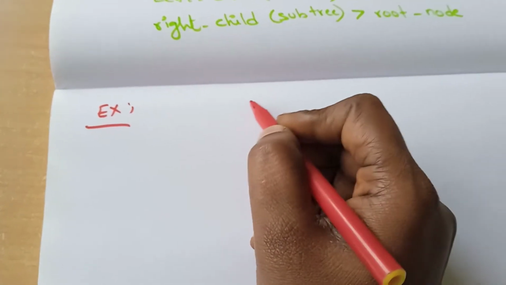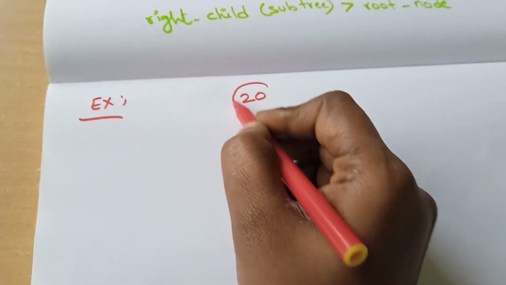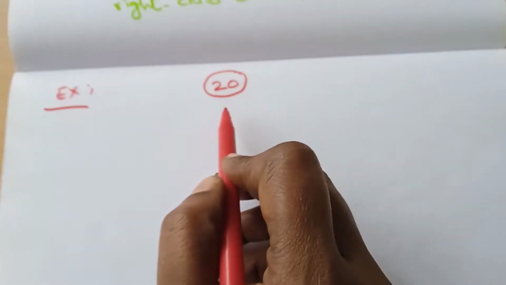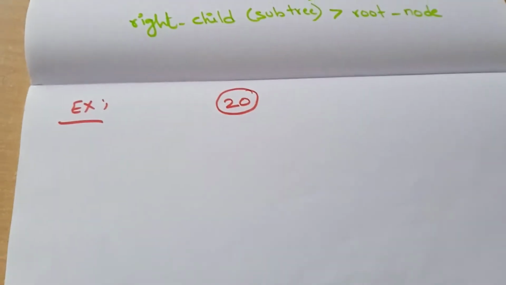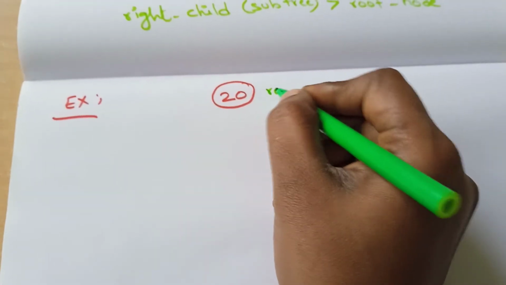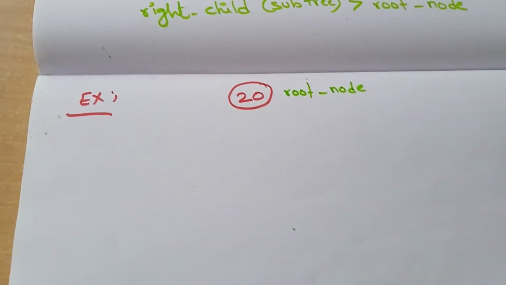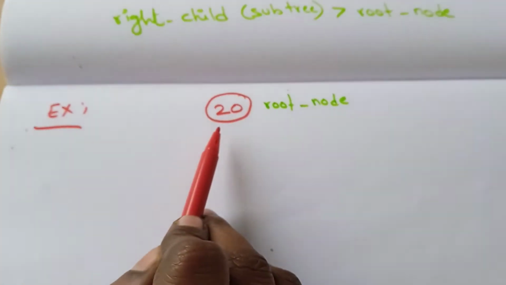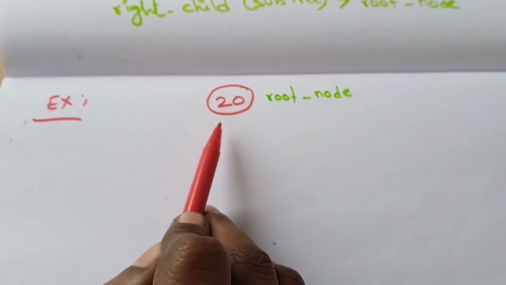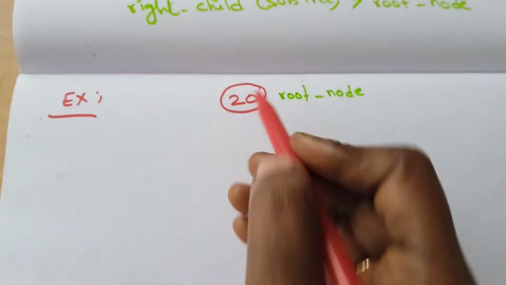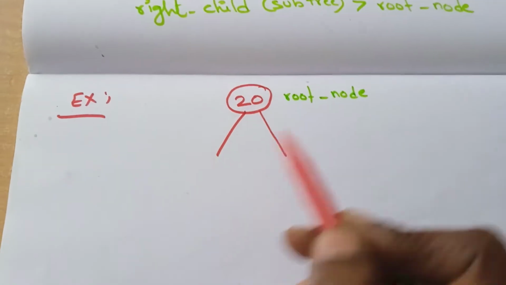Now in my example I am taking the first node, which is 20. Now 20 is called what? Root node. 20 is my root node. Now as I said, this belongs to the binary tree family, so it will have at most two children.